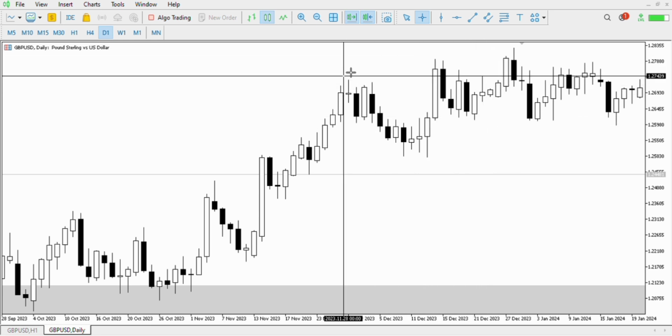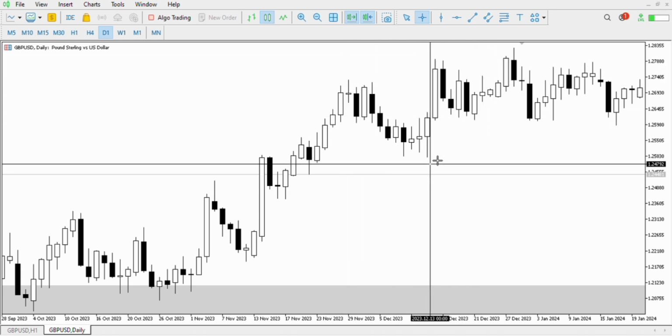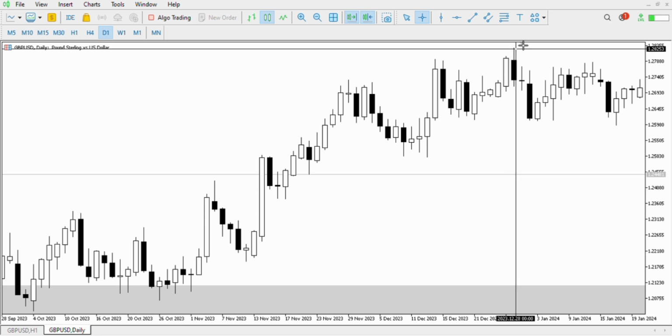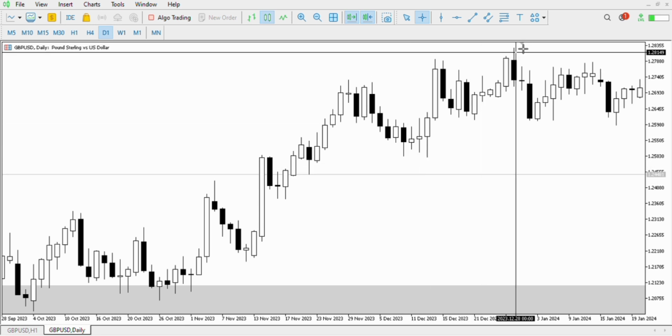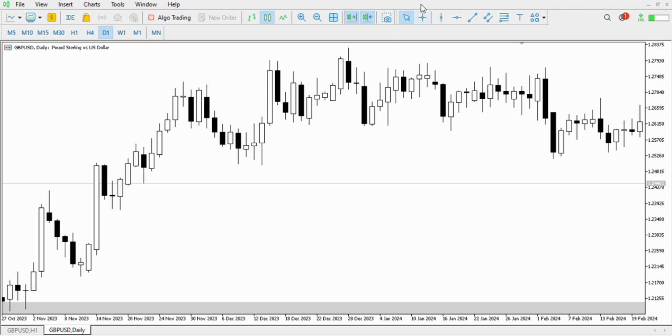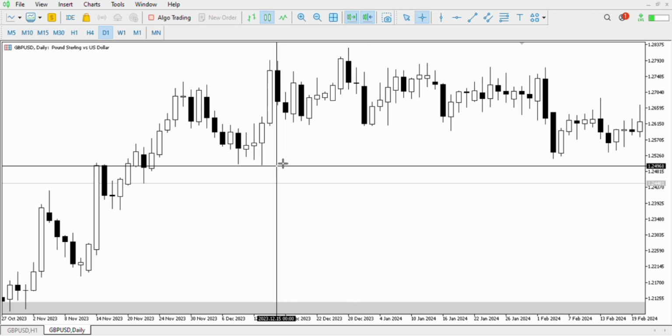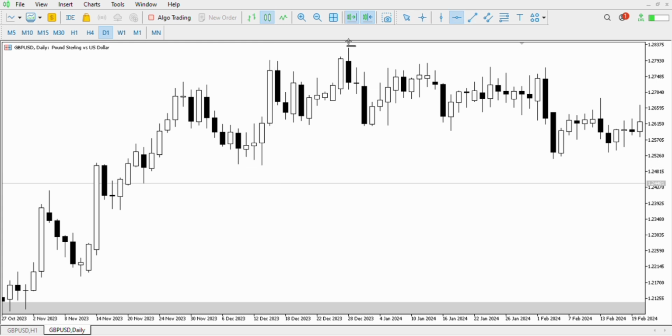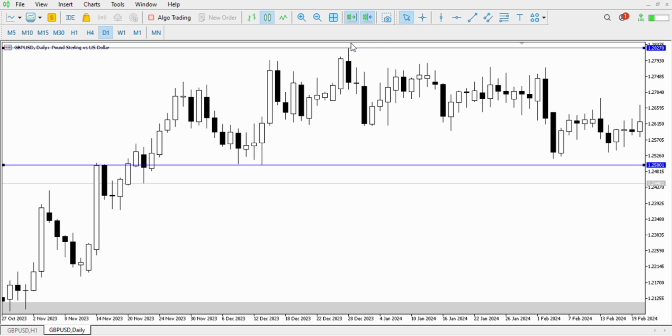So when we had this high, when we had this low, price rose to this point right here. Look carefully. Now when price rose to this point, this will become our new high and our new low. Let me put these horizontal lines there for better understanding. Okay. So this becomes our new high, and this becomes our new low.